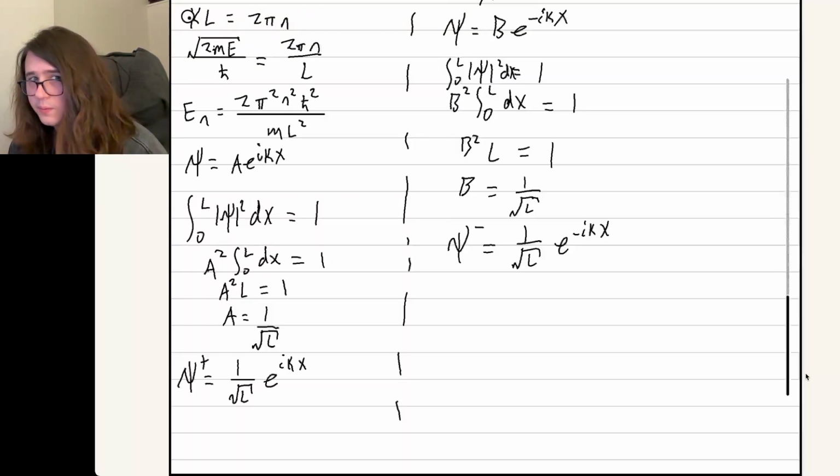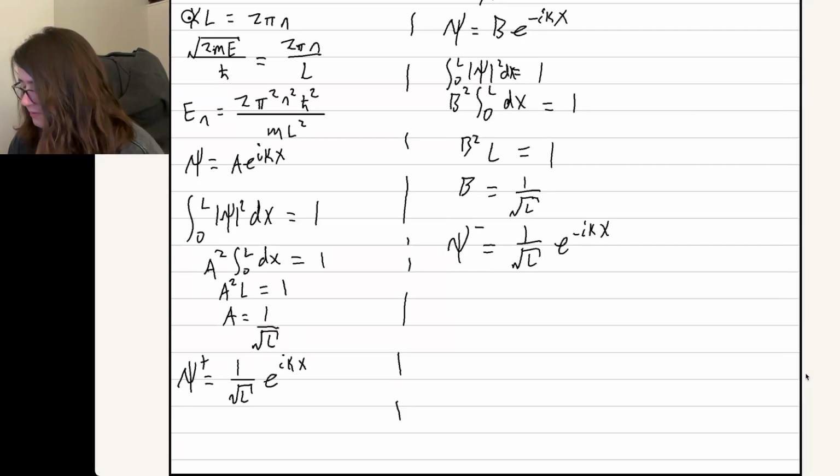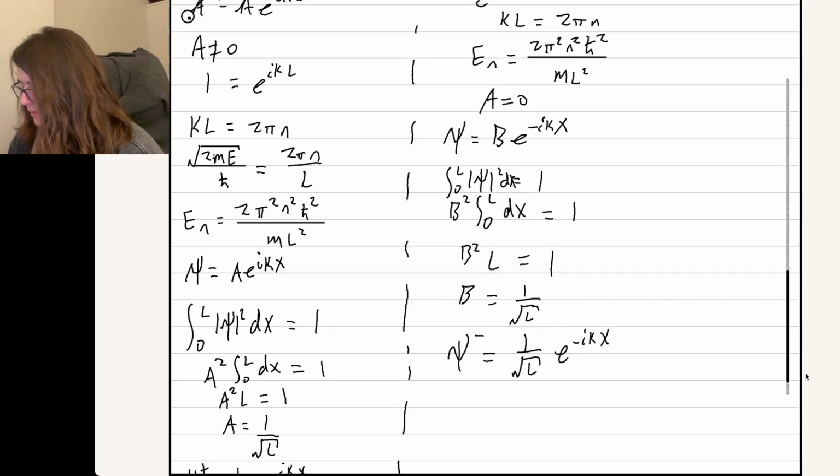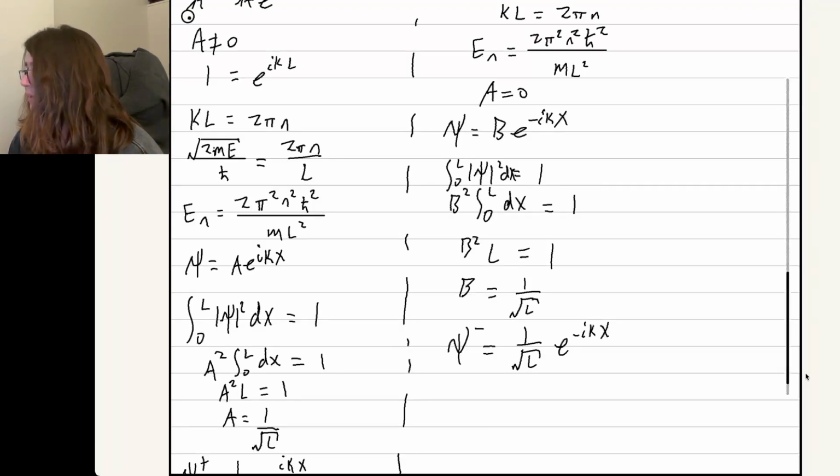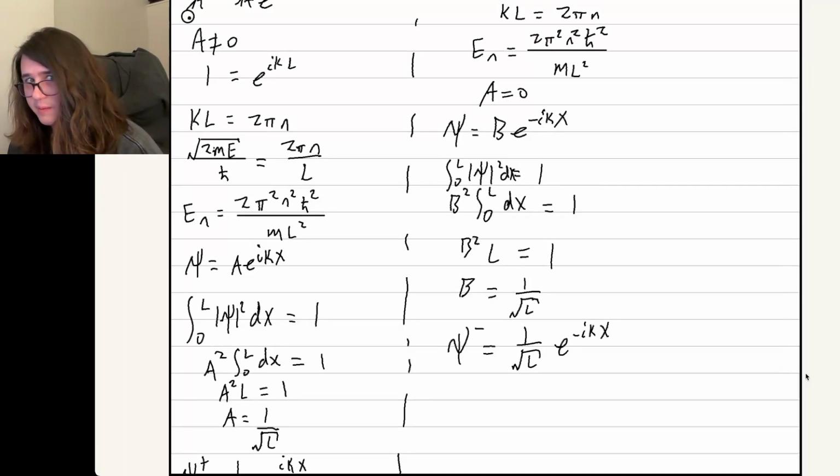So what the hell? We have two wave functions that seem to have the same energy. And like a few videos ago, I think it was problem 244, we kind of proved that that can't be the case for one-dimensional problems.